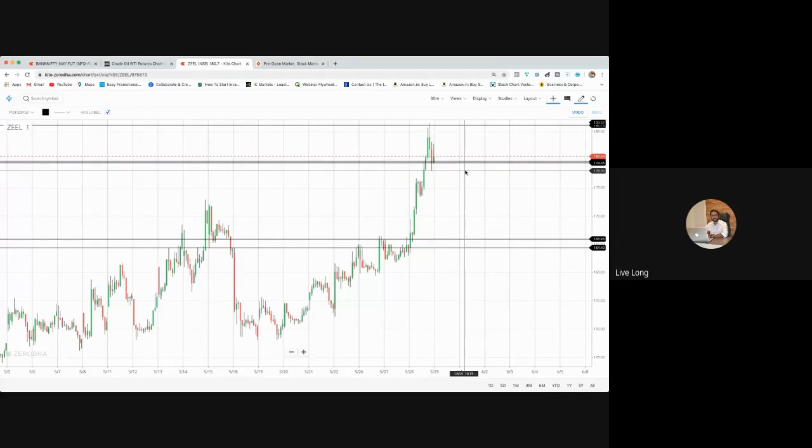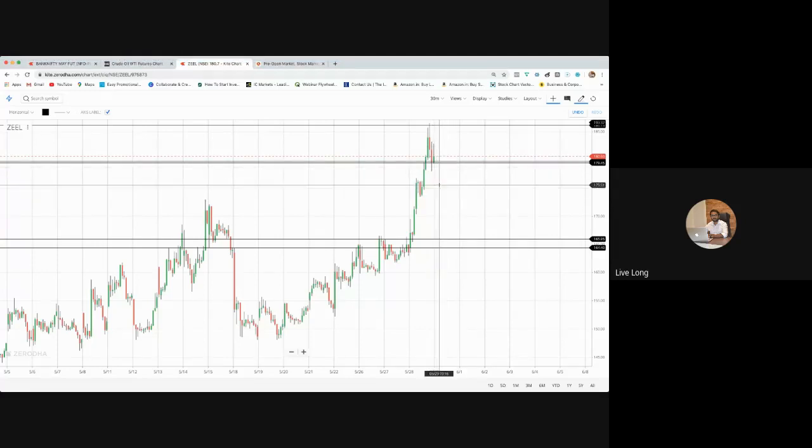When the index is moving up, it is not at all advised that you look out for short opportunities. When the index is falling down, you check out mostly for short opportunities. So please keep in mind: index moving up, look for long opportunities; index falling down, look for short opportunities.